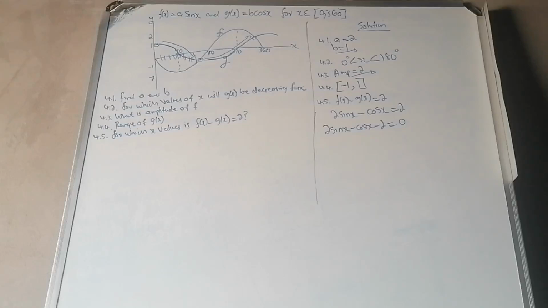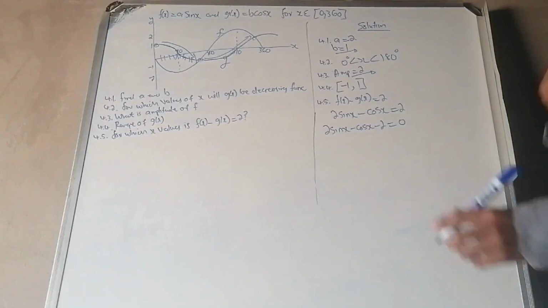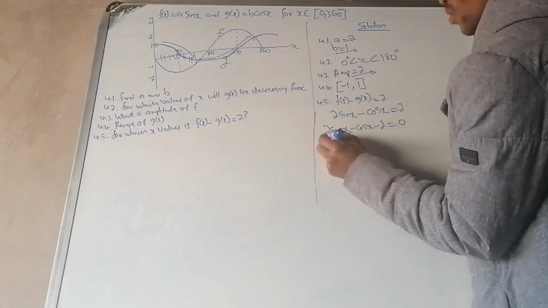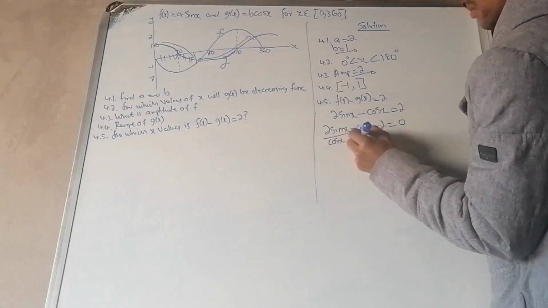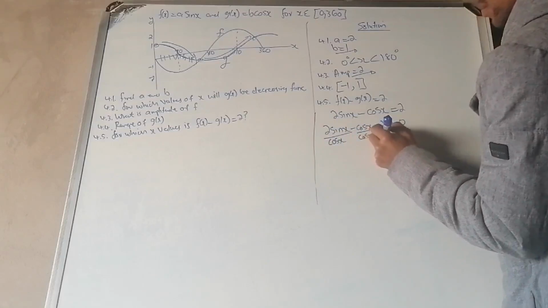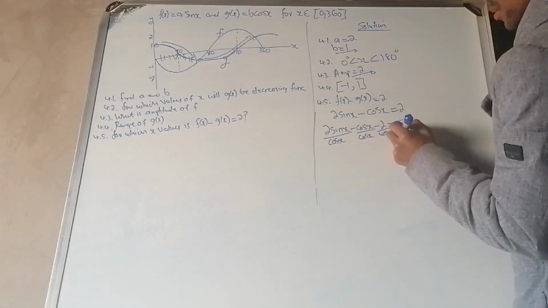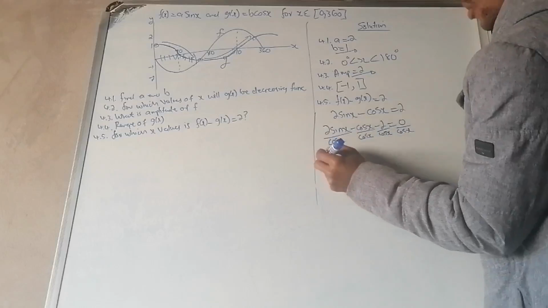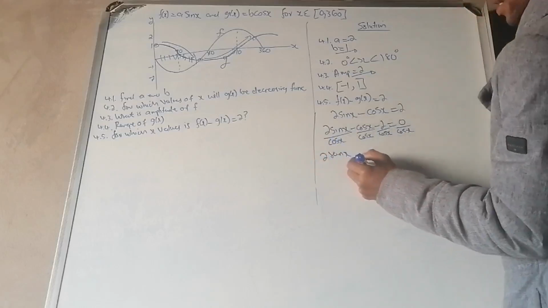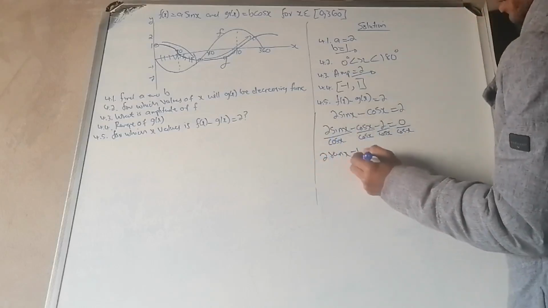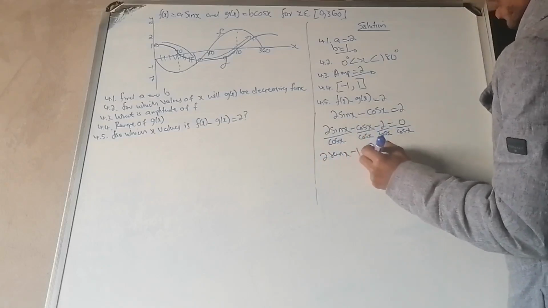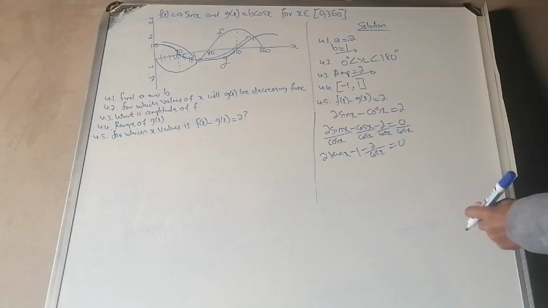Because if you divide that by cos, it will form 2 tan x minus 1 minus 2 over cos x equals 0.